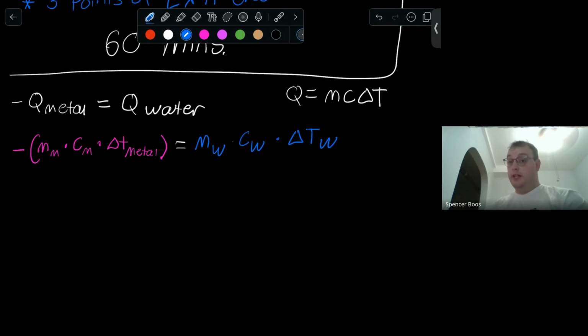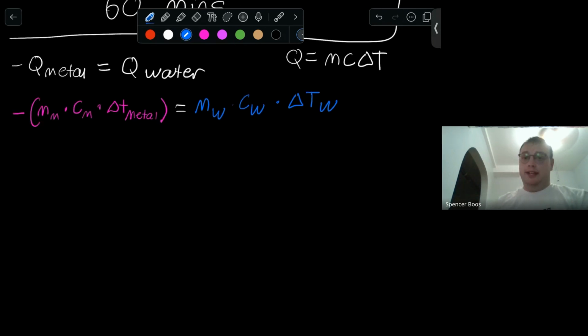And they'll equal out. The reason is because delta T for the metal is going to be negative, so negative times a negative is a positive.